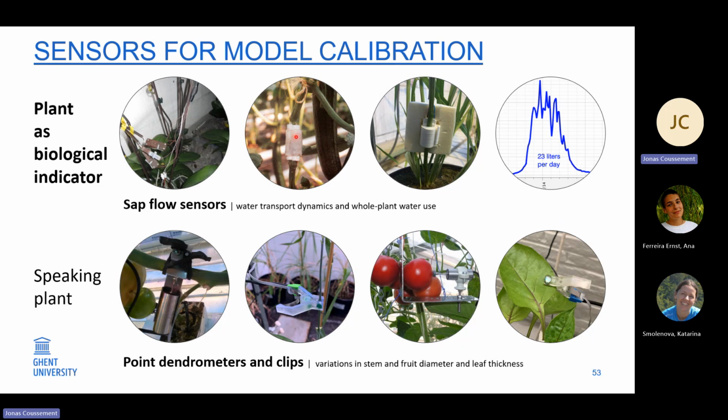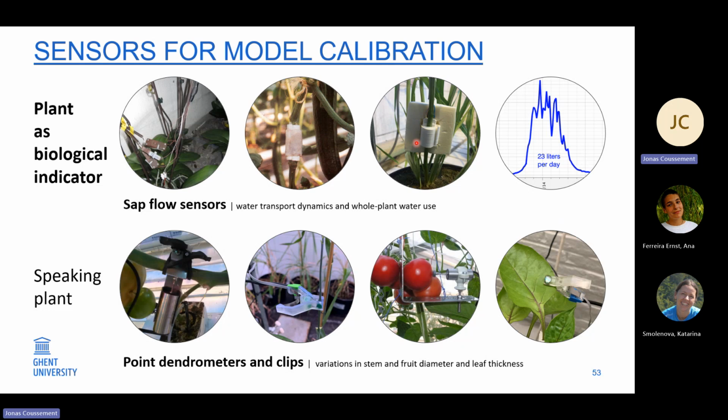But the basic principle on which these sensors are based is, you also see insulation around this, because they have a heater element that supplies heat to the plant stem, and then you have two resistances, one above and one below. If there is no sap flow, like during the night, these resistances will measure the same temperature.